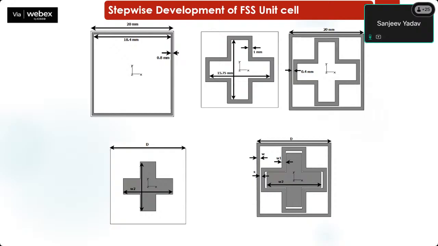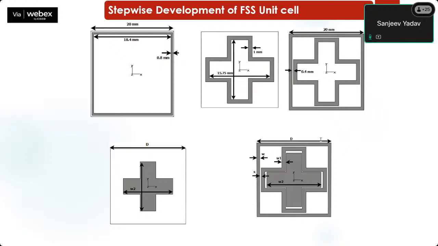So if we put the periodic structure somewhere, whether the angle is 0 degree, 10 degree, 15 degree, 20 degree, or whatever, it should give the constant resonance. Our results should not change with the angle. That means polarization insensitive.